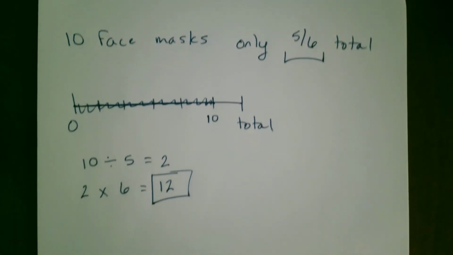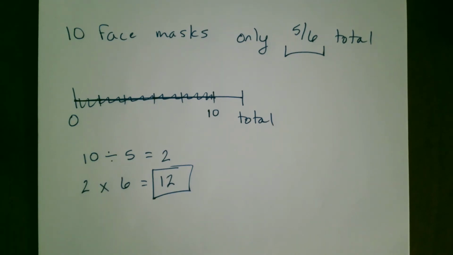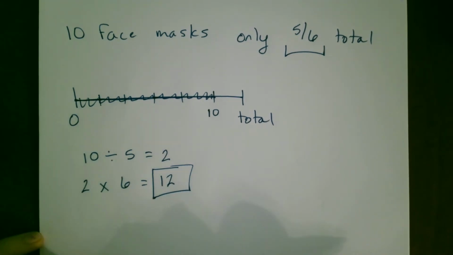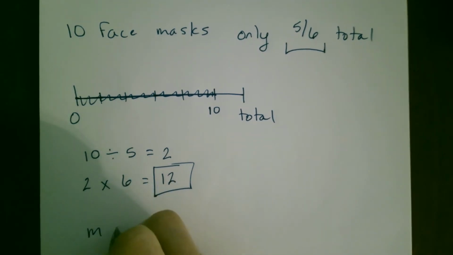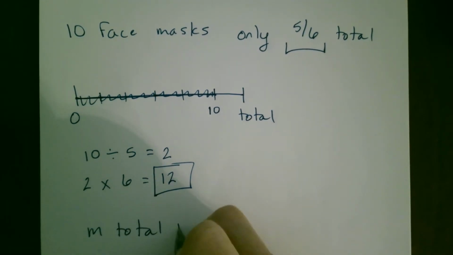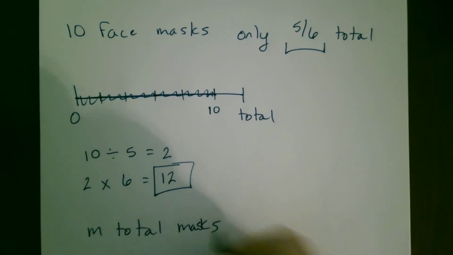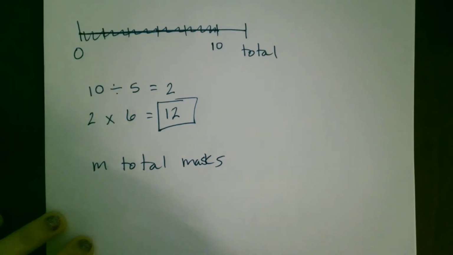So let's look at this problem in kind of a formula aspect. Let M be the total number of masks that I had anticipated making. So I know 5/6 of the total number of masks is 10.